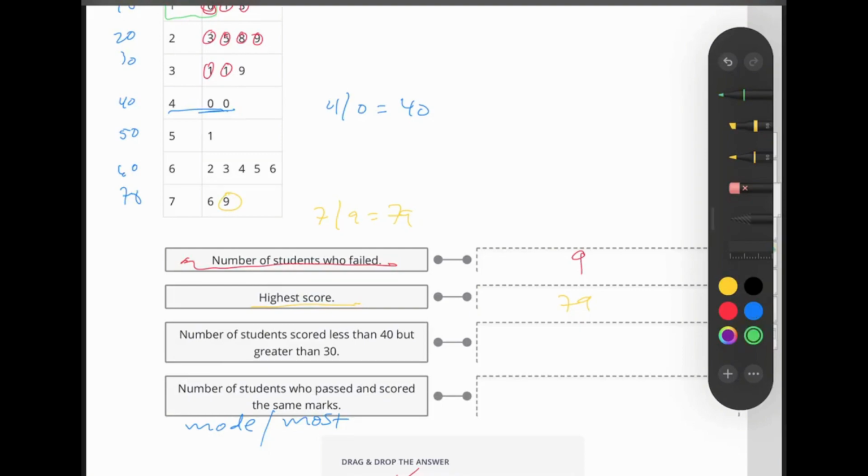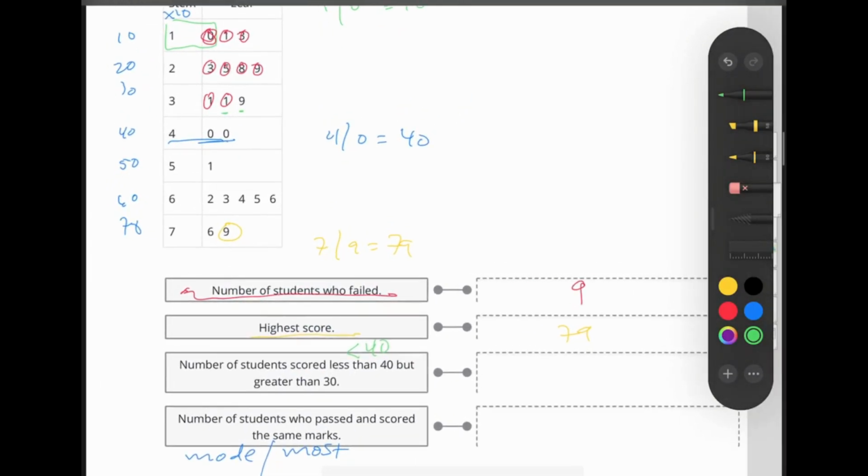Let's change colors. So the numbers that scored less than 40. Now it's not less than or equal to, it has to be less than 40. So 39, 31, and 31. So that would represent 3. Number of scores that are less than 40, but greater than 30.